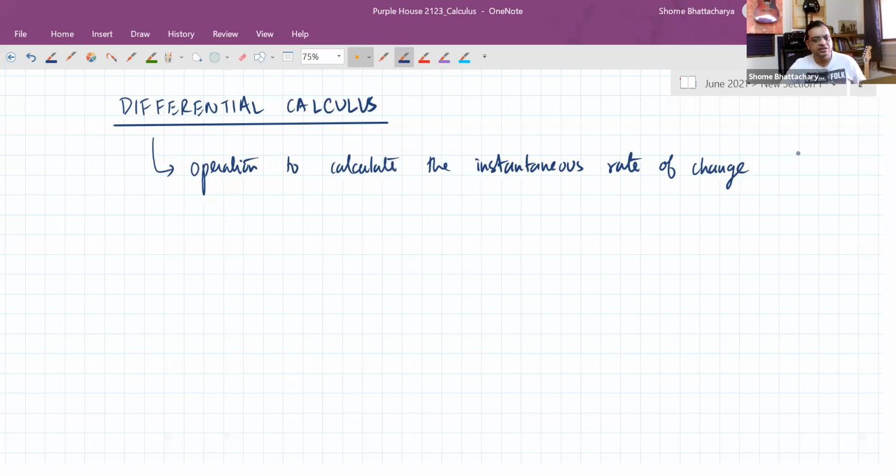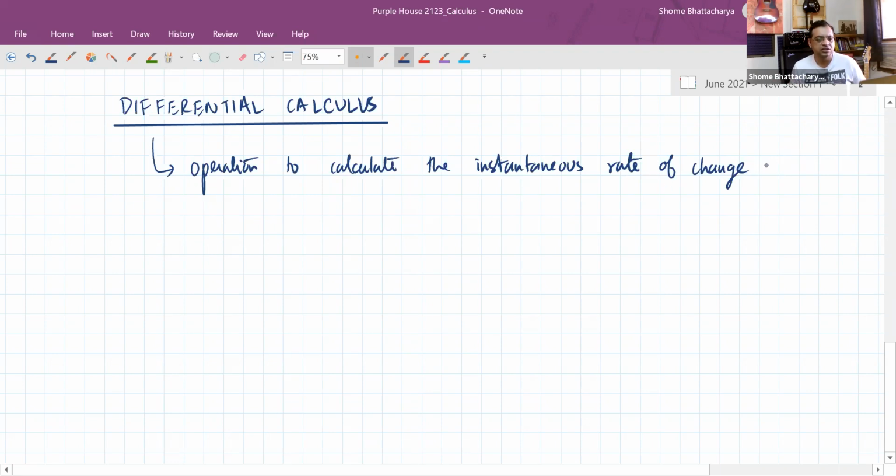So instantaneous rate of change of any physical quantity with respect to another quantity becomes an extremely important type of definition in physics. So when we talk about differential calculus, it is an operation to calculate instantaneous rate of change of any quantity with respect to another. Or you can say any parameter or any variable with respect to another.